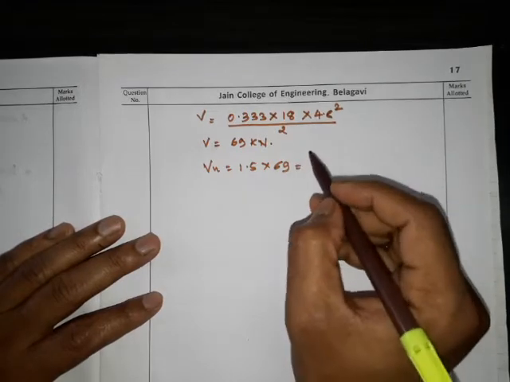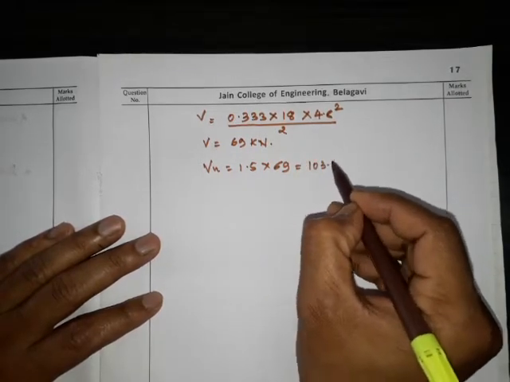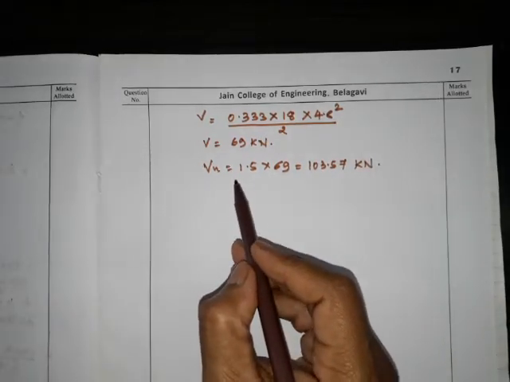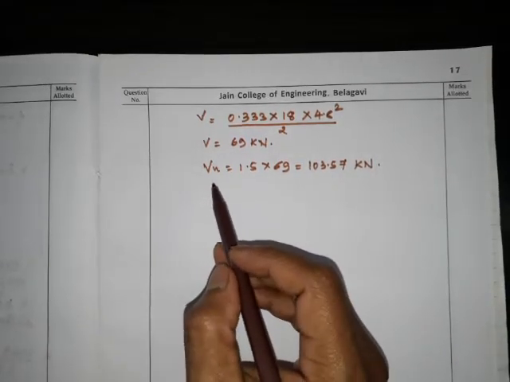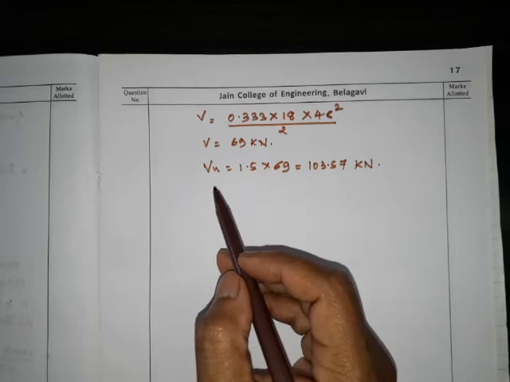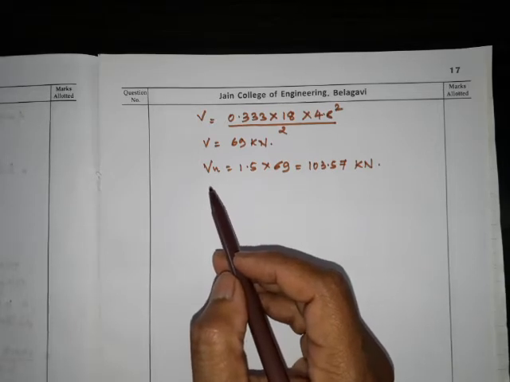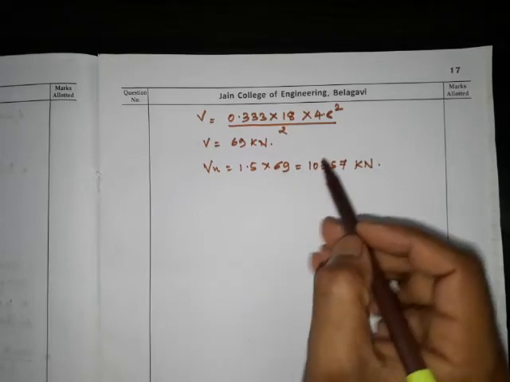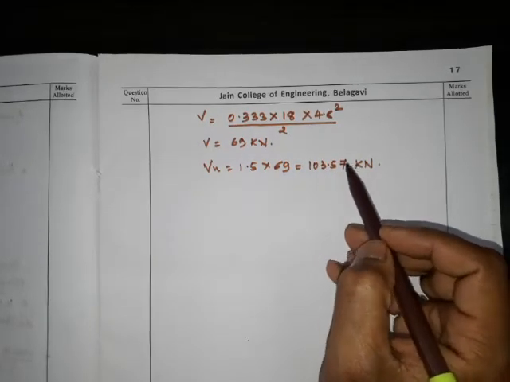So we get this as 103.57 kilonewton. So the factored shear force acting on the stem, that is at the base of the stem, because the maximum shear will be at the base. So 1.5 times V, so that is 103.57 kilonewton.